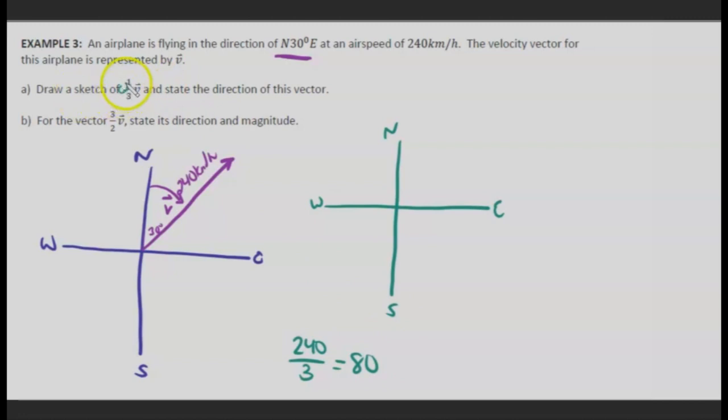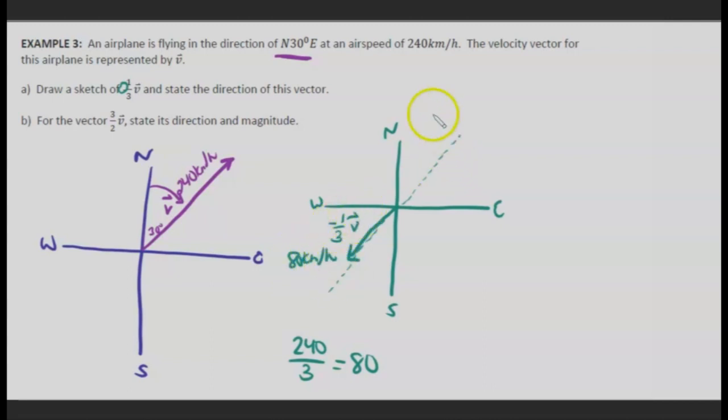But because it's negative, instead of going right here, what happens is we continue through. So our vector is going to be right here. This is going to be -1/3 vector v. This is going to be traveling at 80 kilometers per hour.